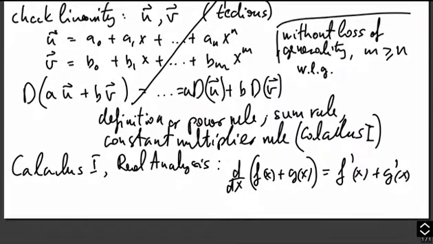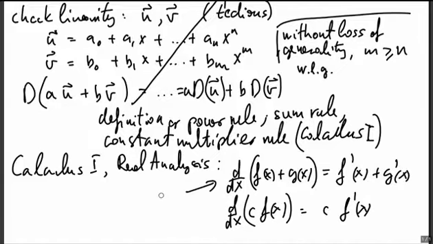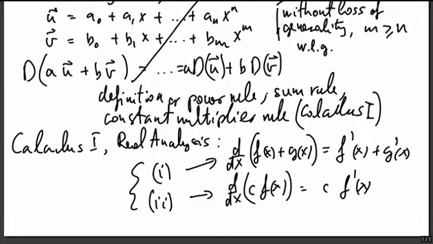And if you have a constant multiplier, that can be factored out of the derivative. So this is property 1 of the linearity, and this is property 2 of linearity. It's much nicer to refer back to calculus 1 and real analysis to say that because of these properties, this is a linear transformation.